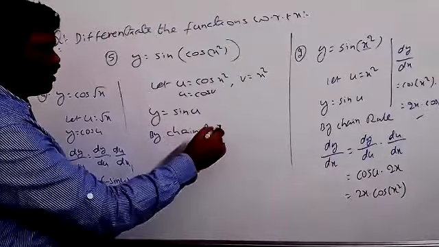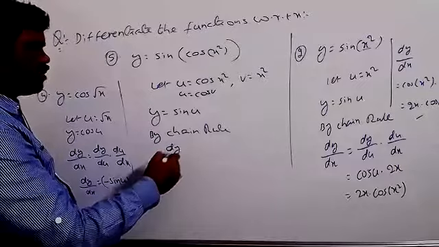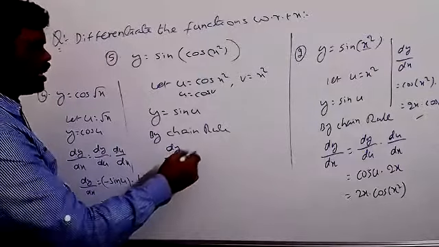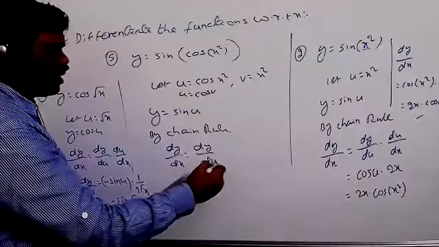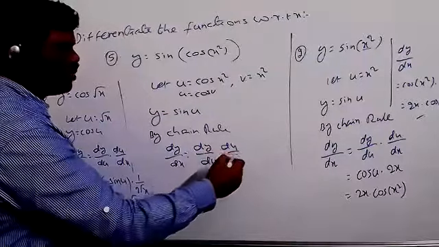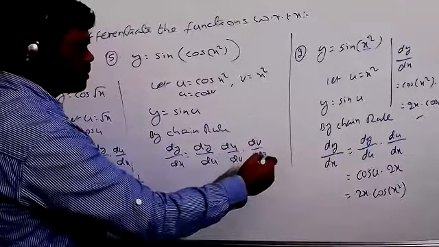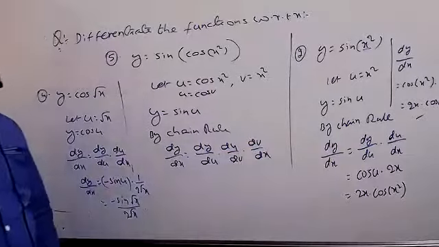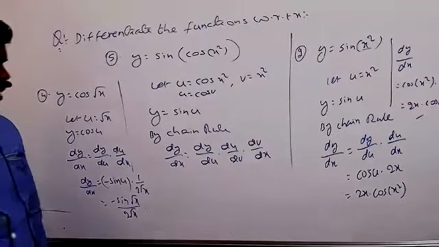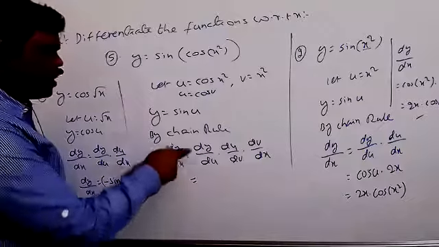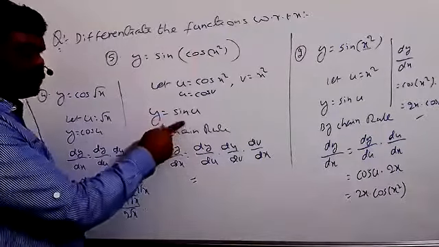By chain rule, dy by dx equal to, what is the formula we have? We have three component functions, so it is dy by du into du by dv into dv by dx. Is it correct? dy by du into du by dv into dv by dx. Now I can write the derivative of y with respect to u.